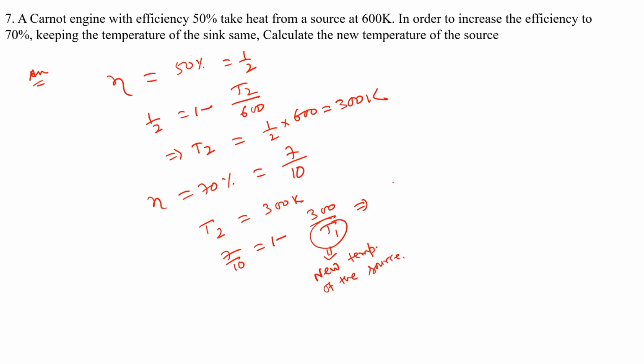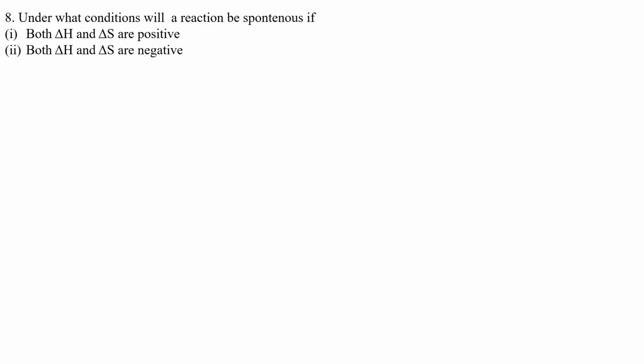So, we get 300 by T1 is 1 minus 7/10, so we get 3/10. So, T1 we get 300 times 10 by 3, so we get 1000 K. So, this is the new temperature of the source.